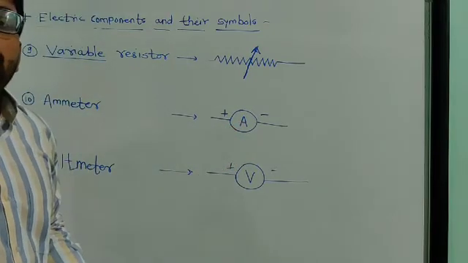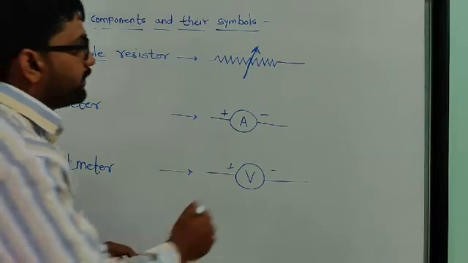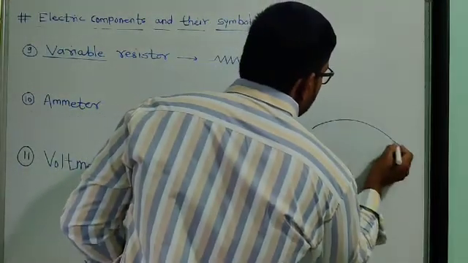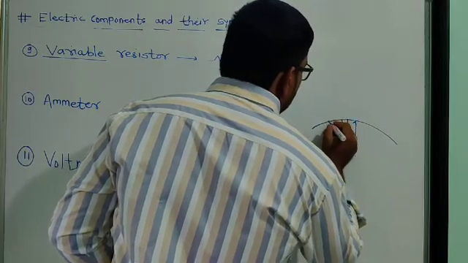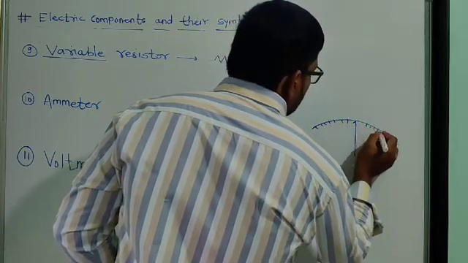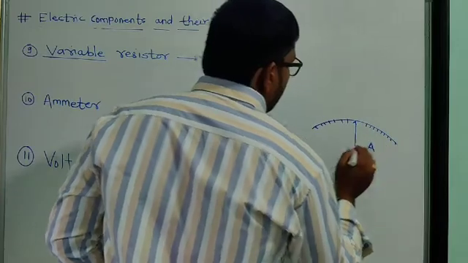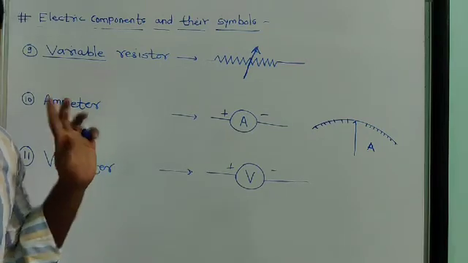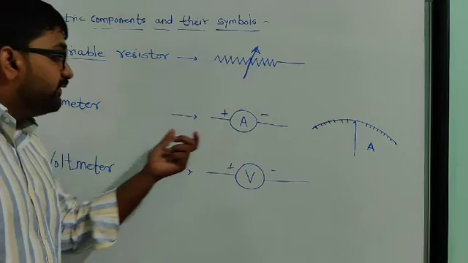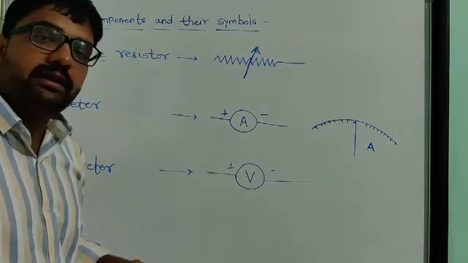If you see the picture of an ammeter, you will see there is an arrow and some readings are shown in amperes. Generally this ammeter is used to measure electric current. It is very sensitive to electric current.